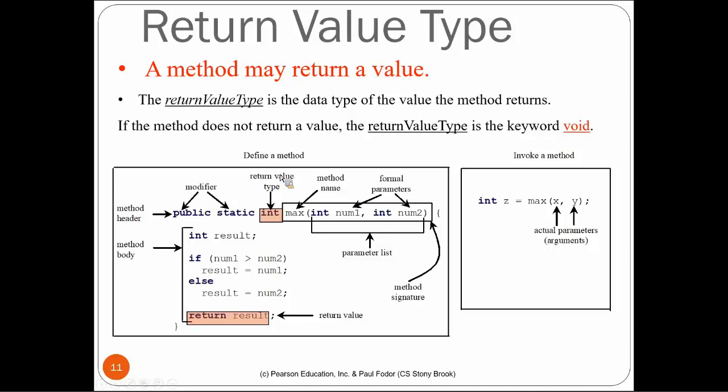So in this case, since the return value type is integer, we have a return result of the integer type on any possible execution workflow in this program. And why? Because no matter if the condition was true or false, we eventually finish the if-else statement, and this return statement will be encountered. So a return statement must be encountered on every possible execution path throughout your method.